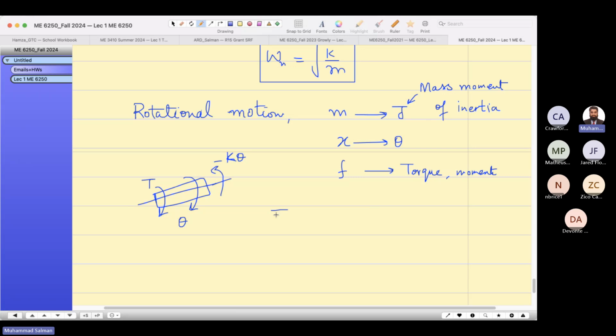So can I write down Newton's second law in torsional vibration?